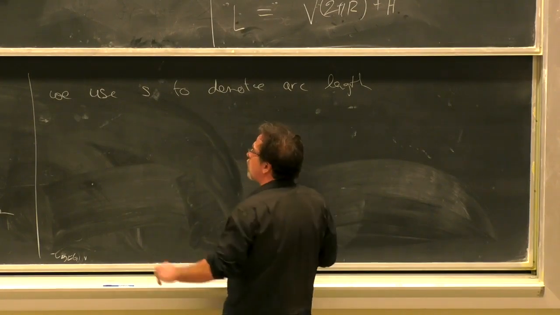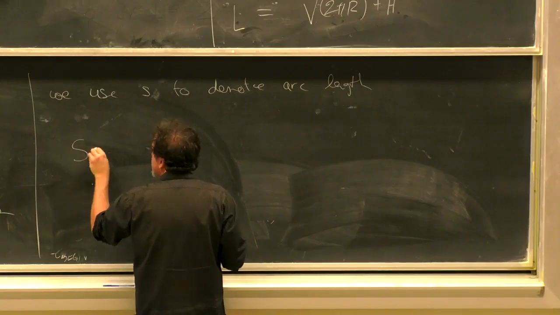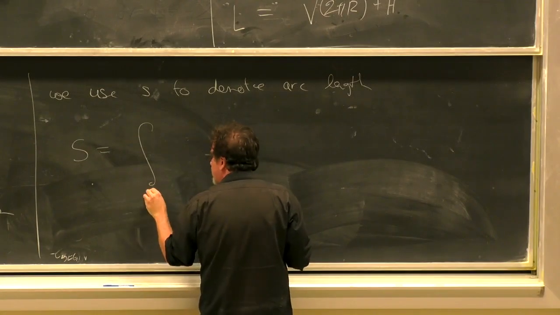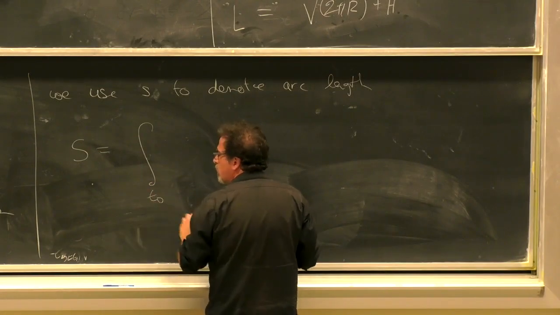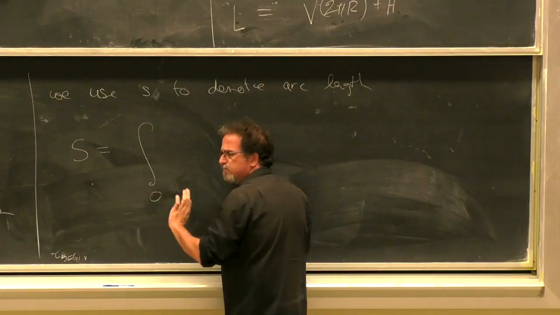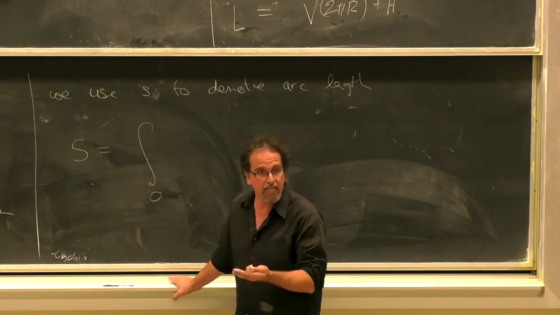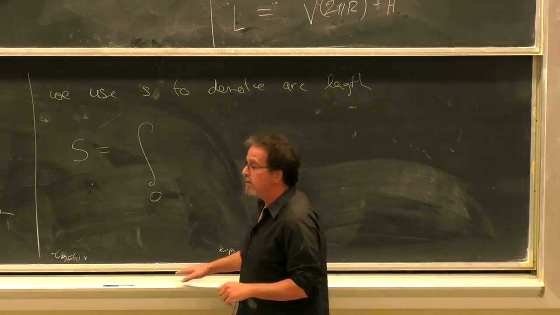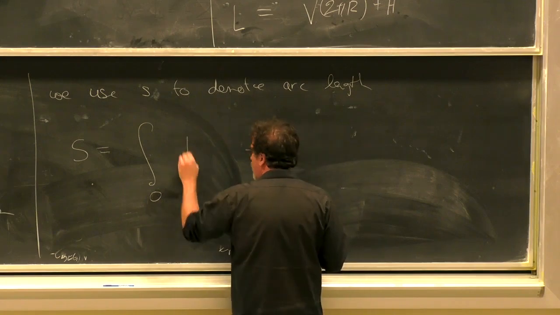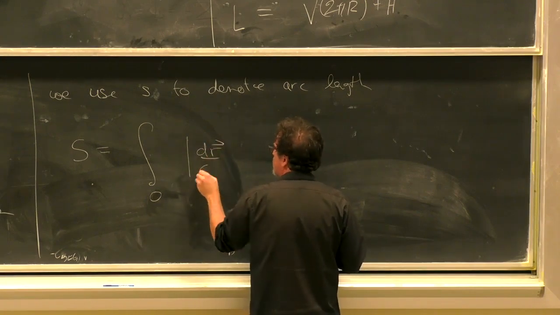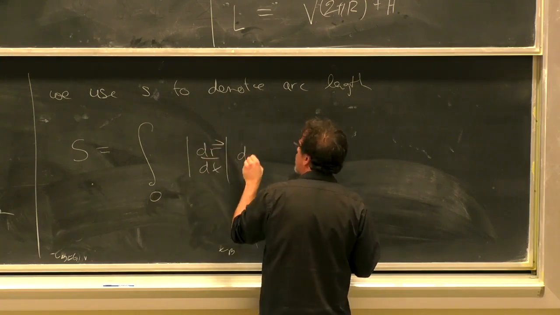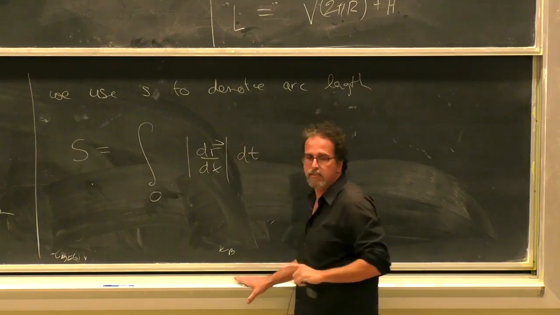So we let S equal the integral from the beginning point, let's say t0, which we'll make 0. You have some beginning time. Now you're going to measure the length of the curve, which I already said is the magnitude of dr dt, and you're going to integrate that with respect to t.